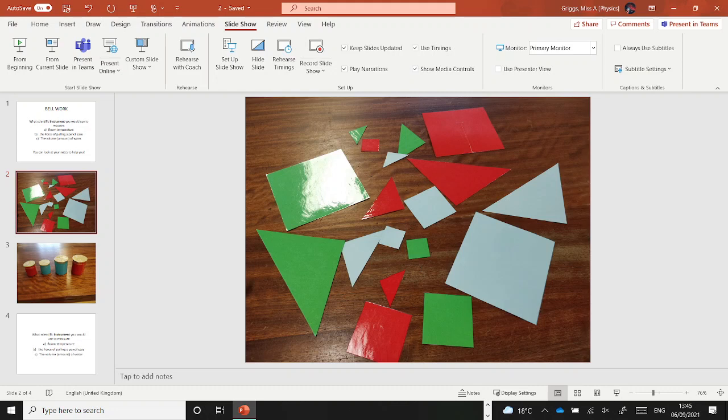Okay. So what I want you to do is just take a couple of minutes, come up and have a look at them just on that front desk, and think about what are the variables with these. What are different? What's making them different to each other? Once you've had a look, have a sit down. If you don't want to come up and have a look, you can just look at the screen.